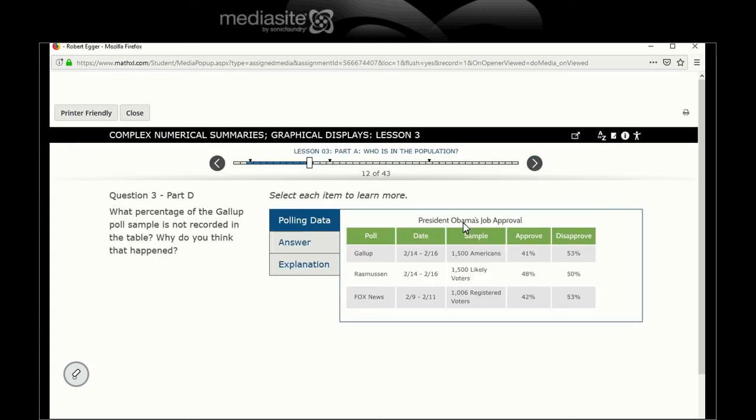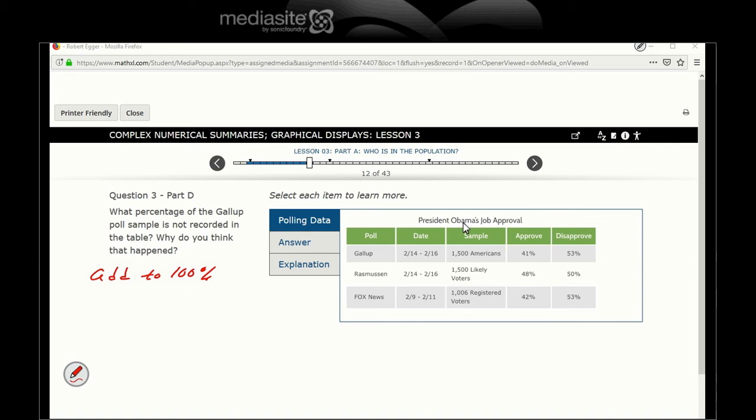Okay, so what percentage of the Gallup poll sample is not recorded in the table? Why do you think that happened? Okay, what it's referring to here is that somewhere along the line, everything has to add up to account for everything.